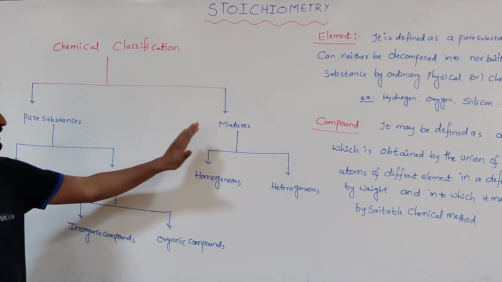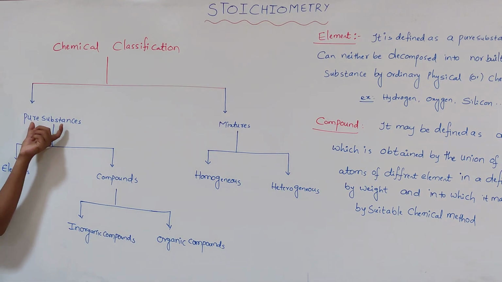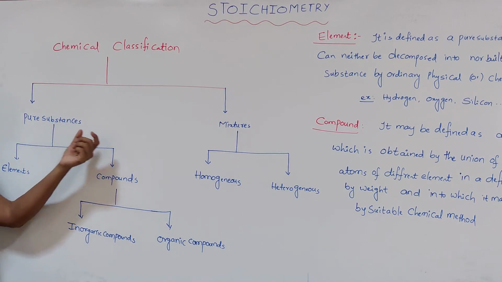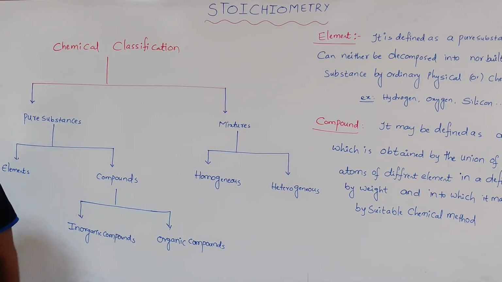The basic difference is that a pure substance contains only one kind of particles, only one kind of elements present. Whereas in a mixture, more than one kind of particles are present, so two or more compounds are present.